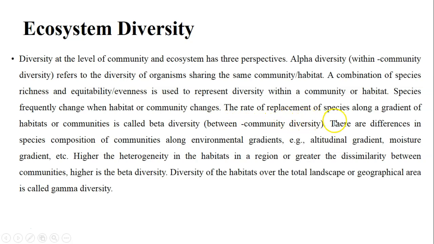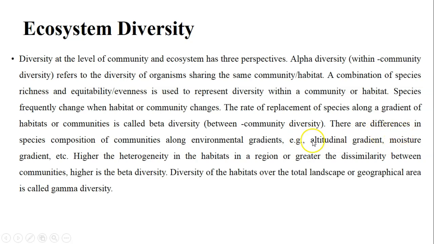The rate of replacement of species along a gradient of habitats or communities is called beta diversity. Let us revise again. The rate of replacement of species along a gradient of habitats or communities is called beta diversity. This is the between community diversity.